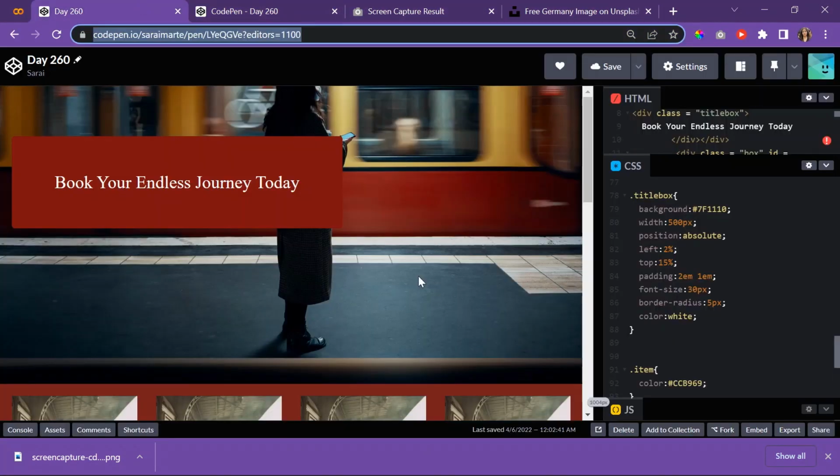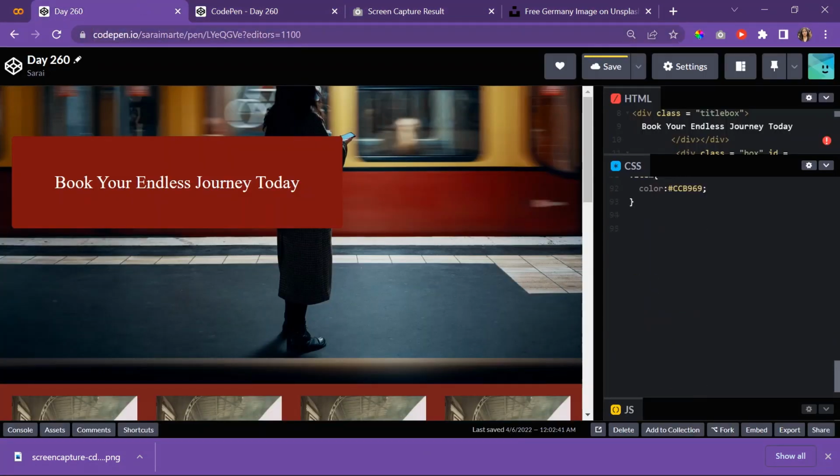You go down here at media, max width 800 pixels, and when that happens I want the container, I want the grid template columns to just have two.